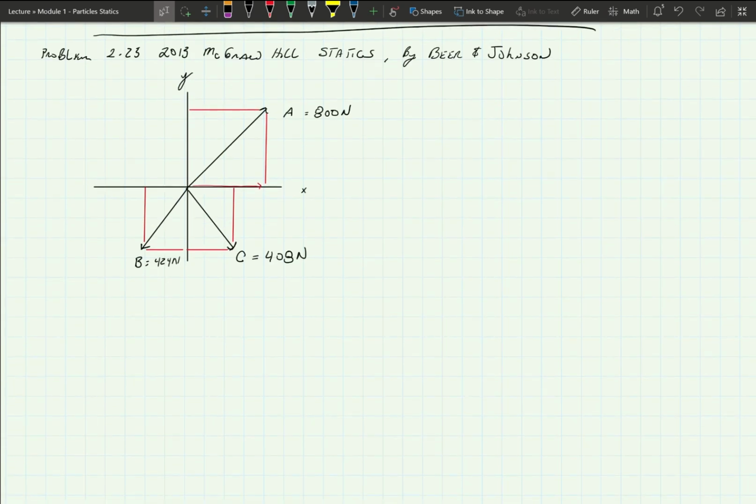All right. So first thing, I need an origin. That would be kind of useful. And I want to go back to black pen. All right. So I got an origin, and I'm looking for O to A is 800 newtons, and I'm going to find its components.